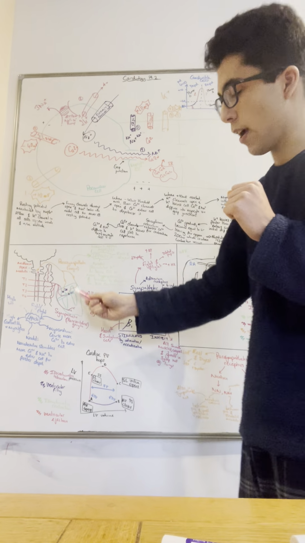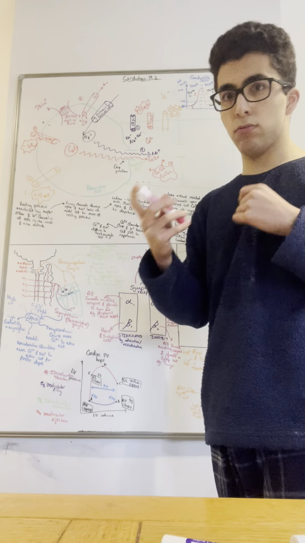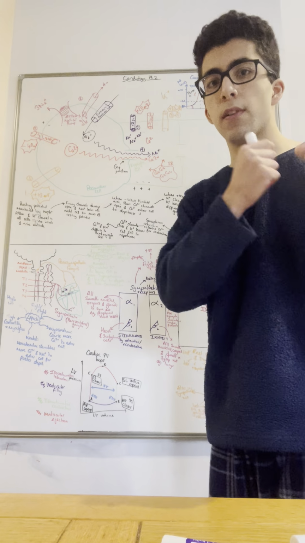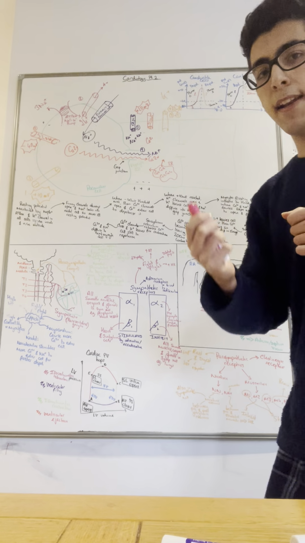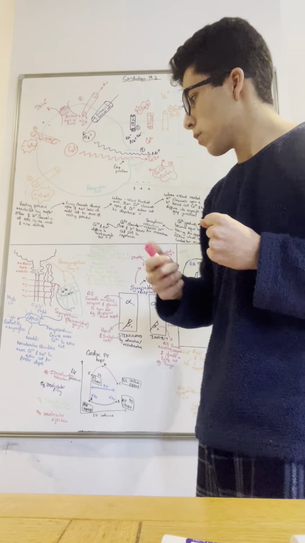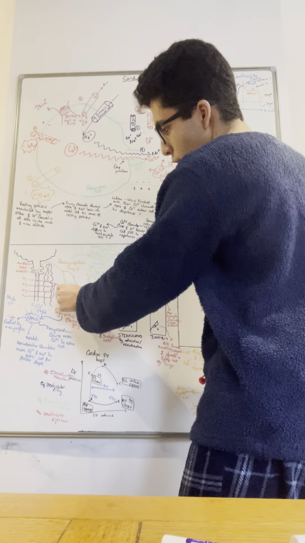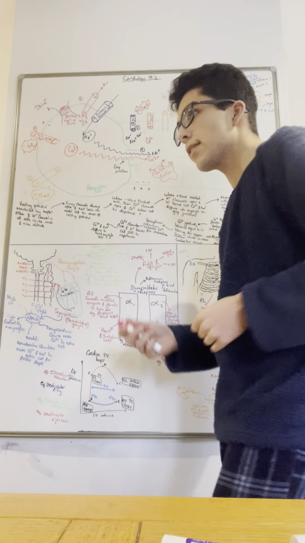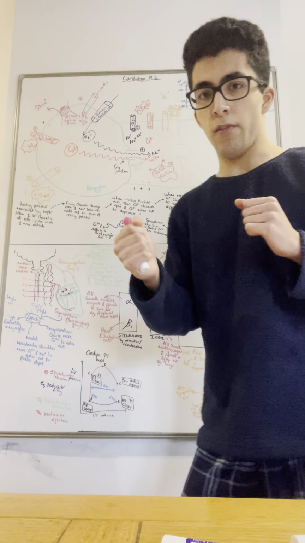However, in the sympathetic nervous system, we've got that fight or flight. For fight or flight, we want adrenaline or noradrenaline. Noradrenaline is the neurotransmitter that's released at the end of the postsynaptic neuron.